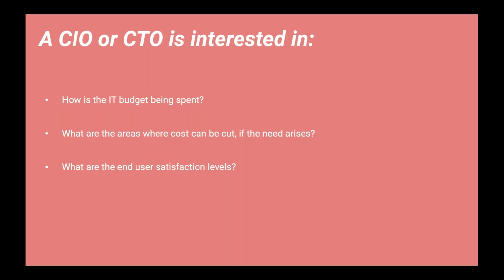And he's also going to be interested in the different areas where he can cut costs if that need ever arises. And also he's going to be interested in knowing how satisfied end users are with the service that the IT help desk is providing. So those are some of the common things a CIO or a CTO is going to be interested in.